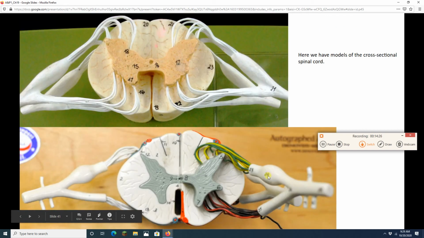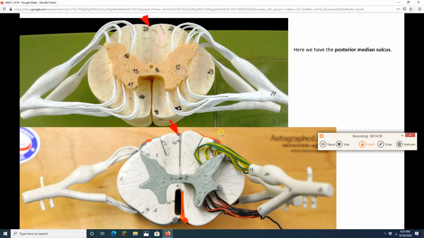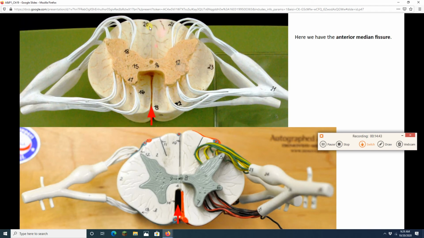All right, cool. Switching spinal cord models. So we have two other cross-sectional views besides the one with the bones in it. They're pretty similar, so I'm kind of doing them at the same time here. First of all, we got our posterior median sulcus in the back. In the front, the bigger groove is going to be the anterior median fissure.